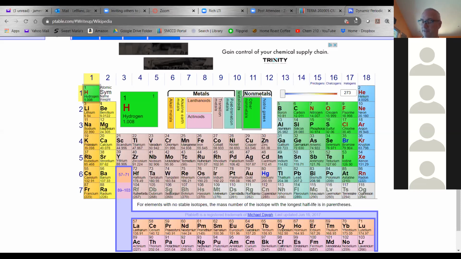That is the name of the isotope. So it has to have 20 protons, or it wouldn't be calcium. How many neutrons is it going to have? 17, exactly. 17 neutrons.